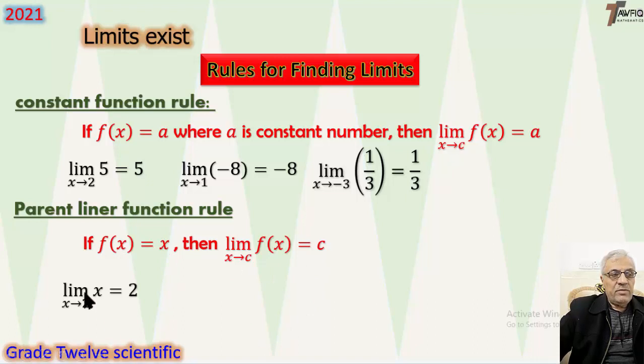For example, the limit when x approaches 2 of x is 2. Replace 2 in place of x. The limit when x approaches 1 of x is 1. The limit when x approaches minus 1 of x is minus 1.